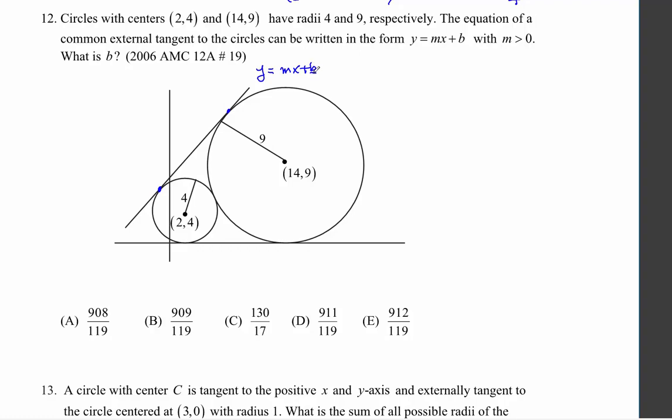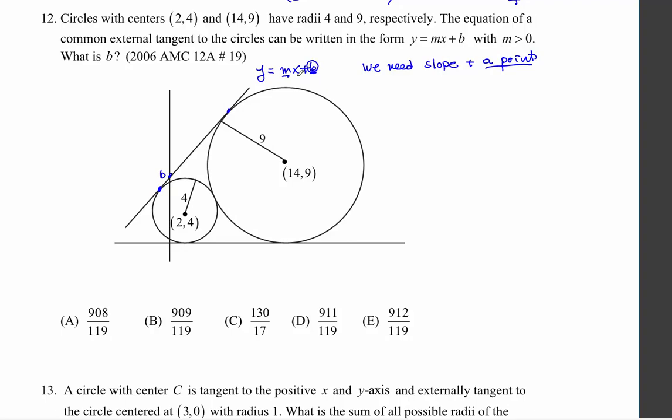We're going to find the value b, the y-intercept. How do you find it? We need the slope and a point. Put this point into the equation so you can find the value of b.